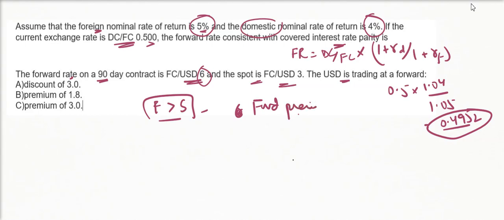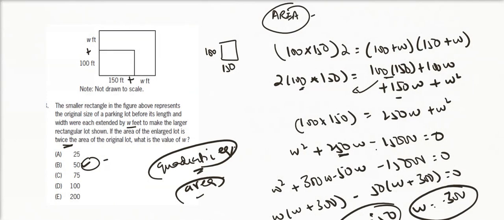So if you look at the answers, now there are two choices available. These are the two choices that we have, right? Okay, now look at this, it is 6. So premium is equal to forward rate minus the spot rate. The forward rate is 6, the spot rate is 3. So it is a 3, so the premium is 3. So the correct answer is 3. In the exams often we have this problem, so I think this will really help us out.